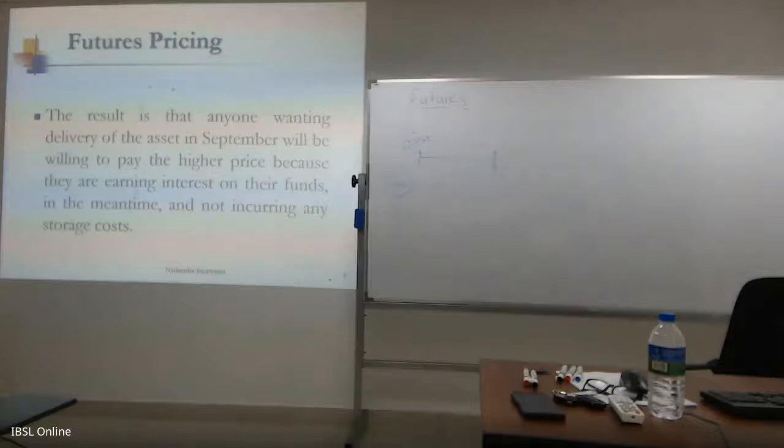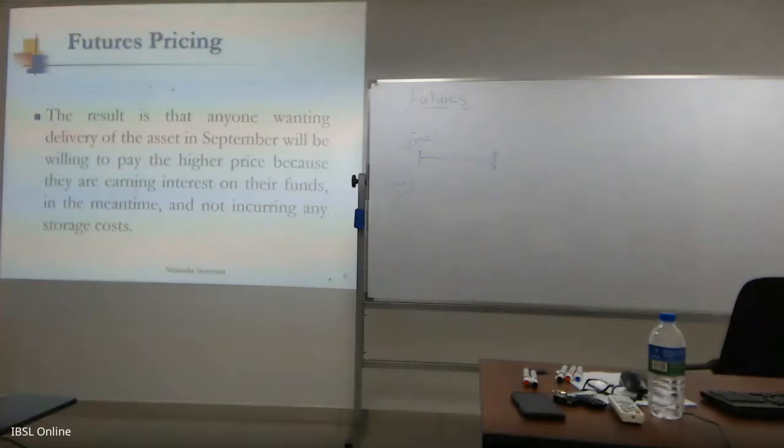But at the prevailing market price, he won't agree to give it at 2,500 even after 1 month. So when you enter into a forward transaction, you eliminate that risk, the price increase.